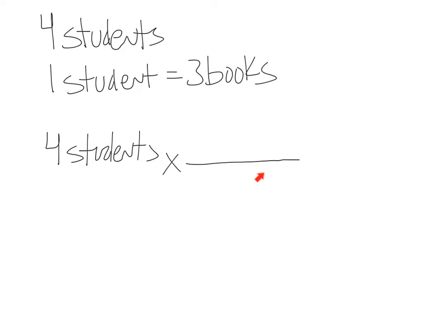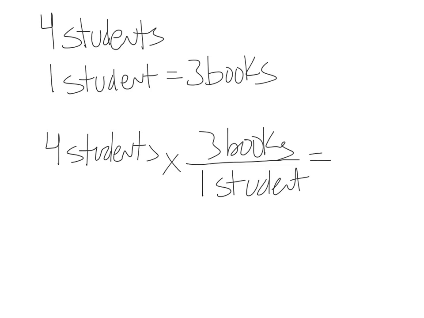And we want to make sure that unit goes in the denominator of the conversion factor so that it cancels out. So looking up here at my conversion factor, I see I have 1 student equaling 3 books. So I'd want to make sure I have student here and books on the top. So I'll write that in, 1 student, 3 books.